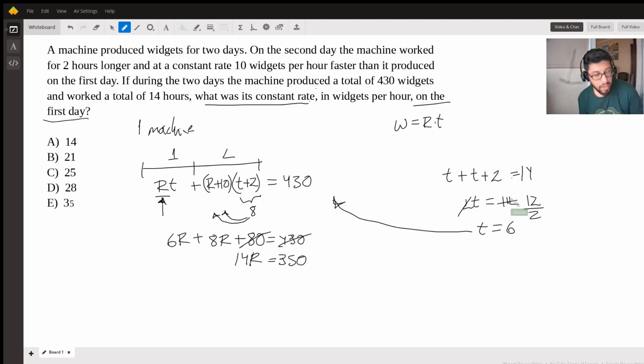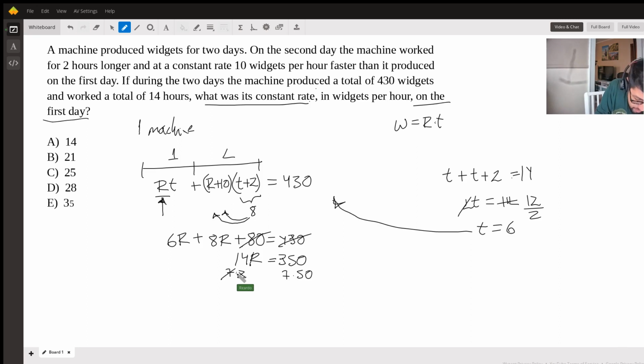Cool. If you don't notice it, one of the things I see is that the 2 terms on the left hand and on the right hand are divisible by 7. So 350 is the same thing as 7 times 50, and 14 is the same thing as 7 times 2.